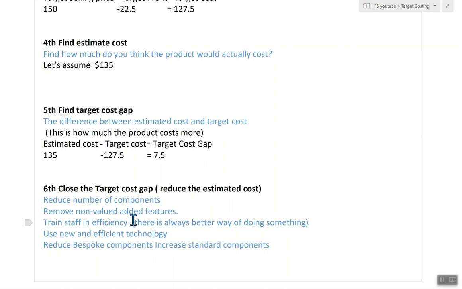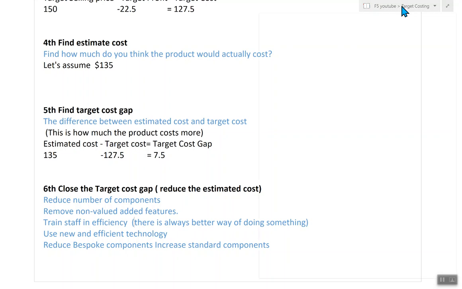The main reason behind that is economy of scale. When companies produce the same thing in large quantity, usually the cost per unit is less. But if you're specifically asking something to be custom made for you, usually the cost of that is higher. So these are the ways we could reduce the cost gap.